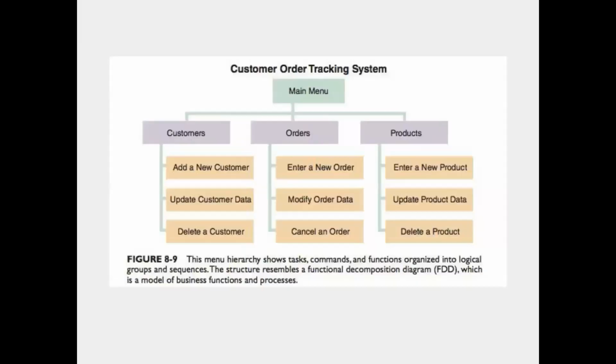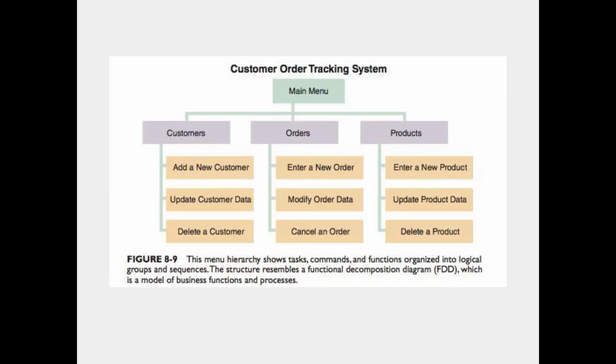Okay. Now in this one, this is called menu hierarchy. It shows you how the commands function into logical group of sequences. And it looks like the functional decomposition diagrams that we have discussed earlier as well, right? In a customer order tracking system, this is how they have come up with the interface.